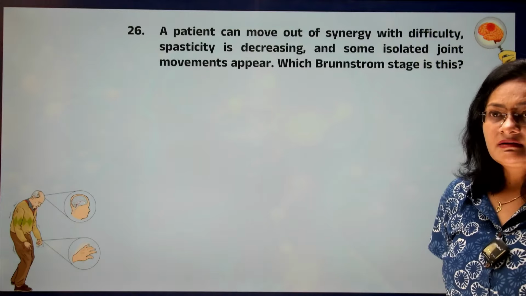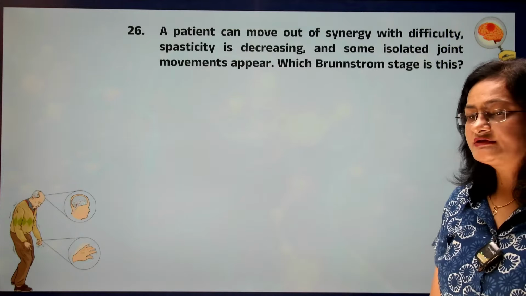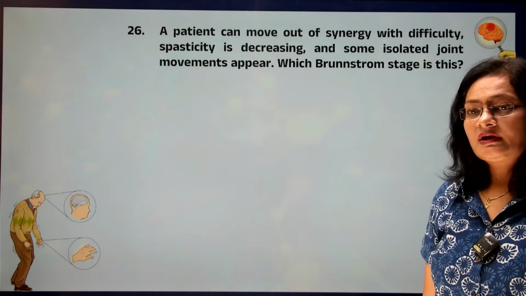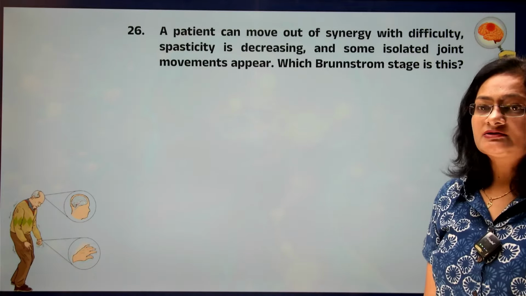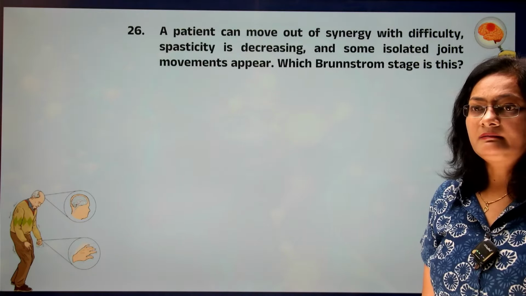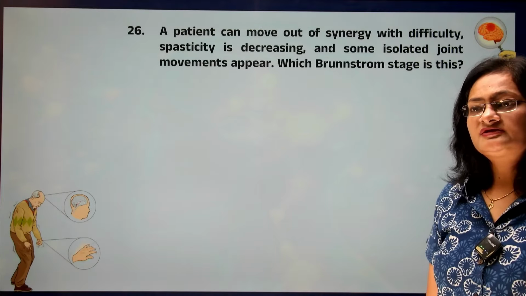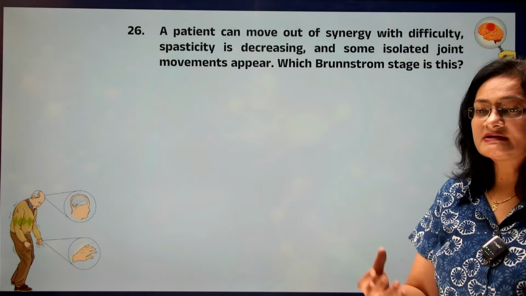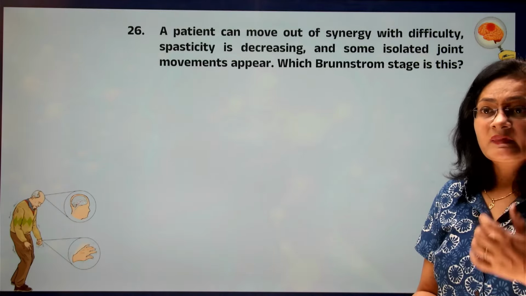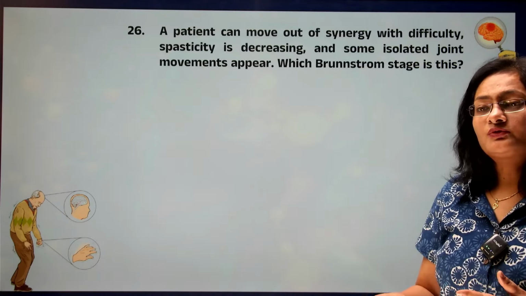A patient can move out of synergy with difficulty, spasticity is decreasing and some isolated joint movements appear. So which Brunnstrom stage is this? So we have to thoroughly understand what is asked in this question. Patient can move out of synergy.